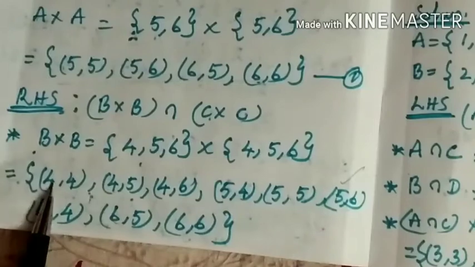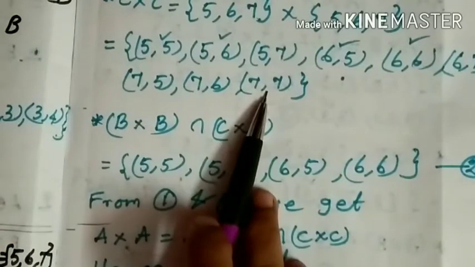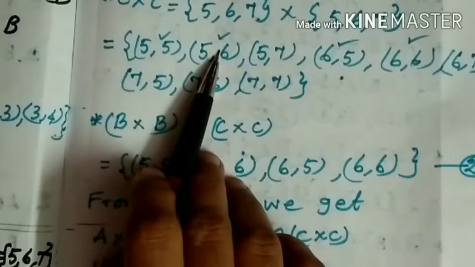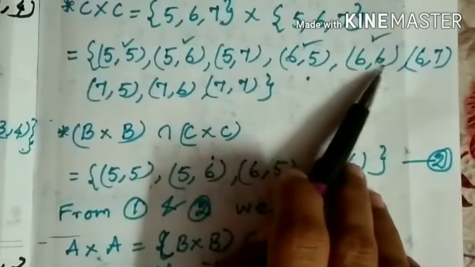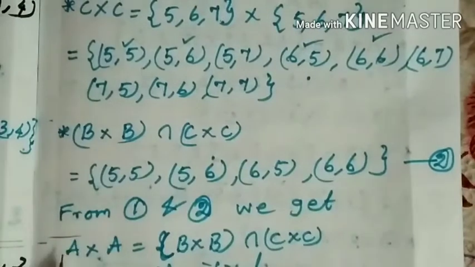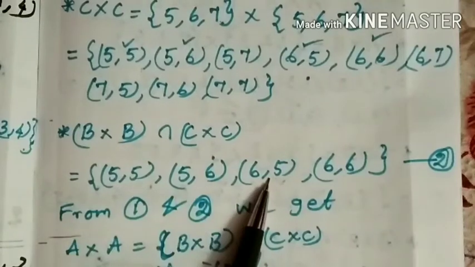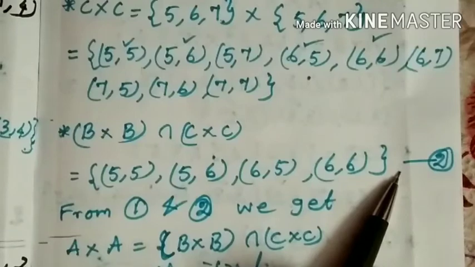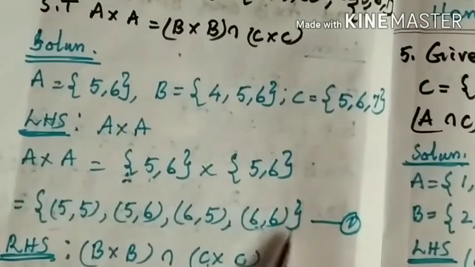See here (4,4) to (6,6) and here (5,5) to (7,7). The common ordered pairs are (5,5), (5,6), (6,5), (6,6). These alone are common. So take down and write (5,5), (5,6), (6,5), (6,6). Then check whether the LHS answer and RHS answer are equal.